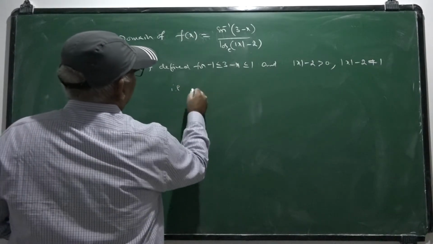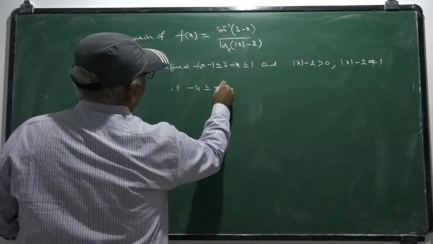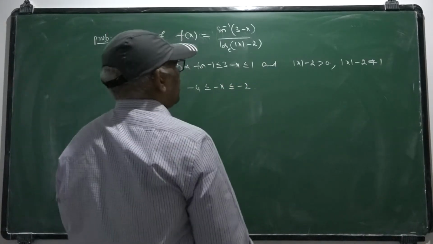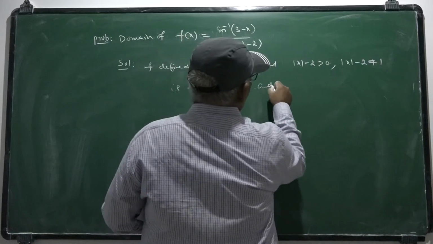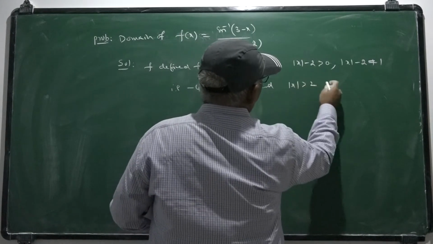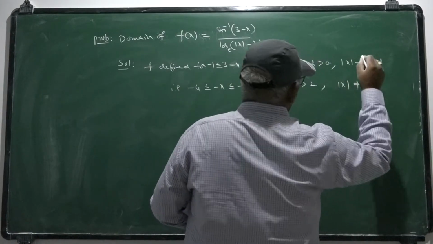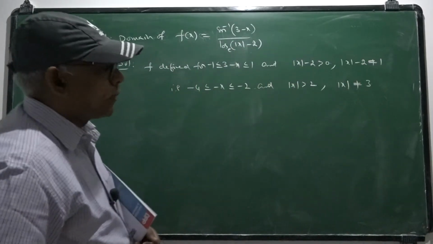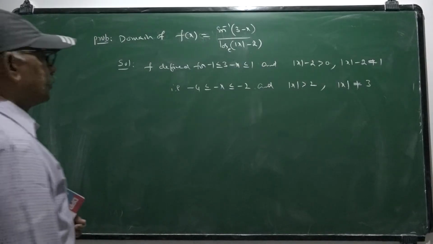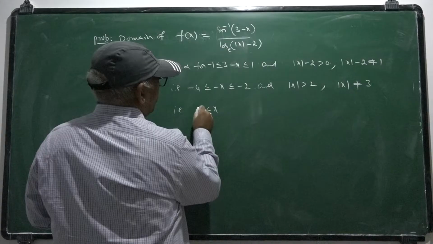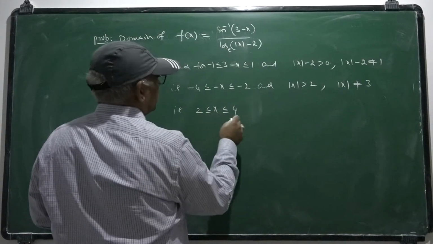That gives us -4 is less than or equal to -x is less than or equal to -2. Moreover, mod x is greater than 2 and mod x is not equal to 3. So, x lies between 2 and 4.